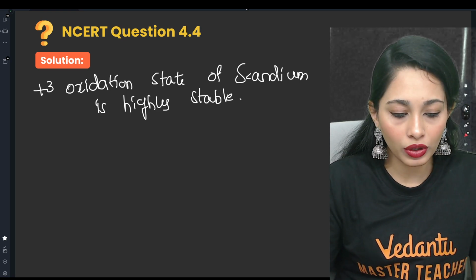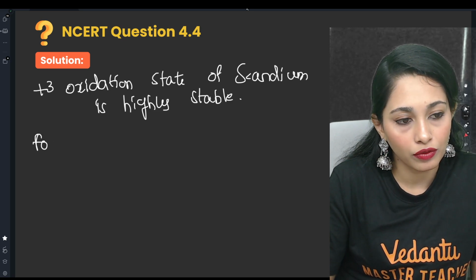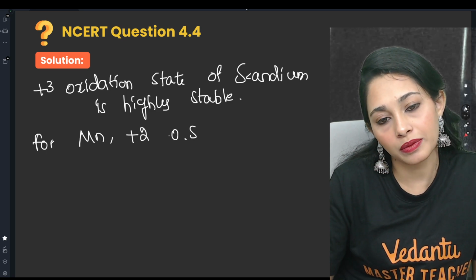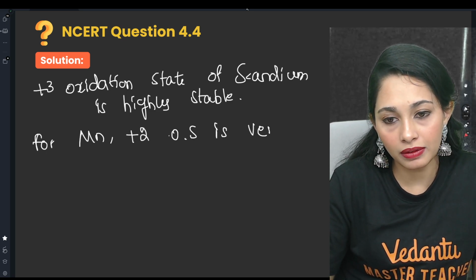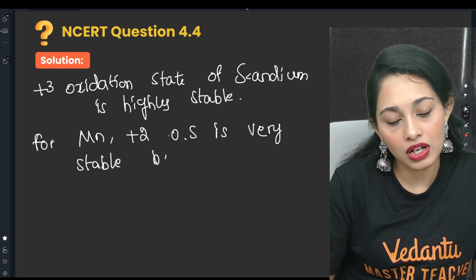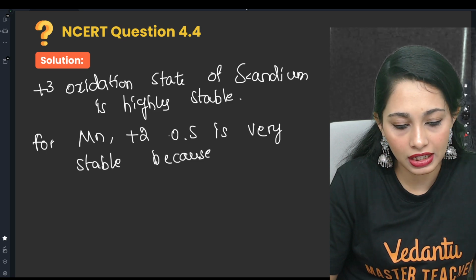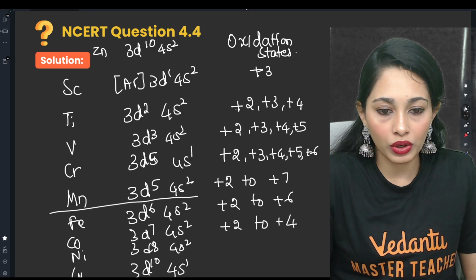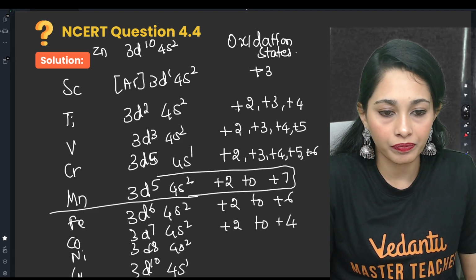And if we look at manganese, the +2 oxidation state is very stable. Why?